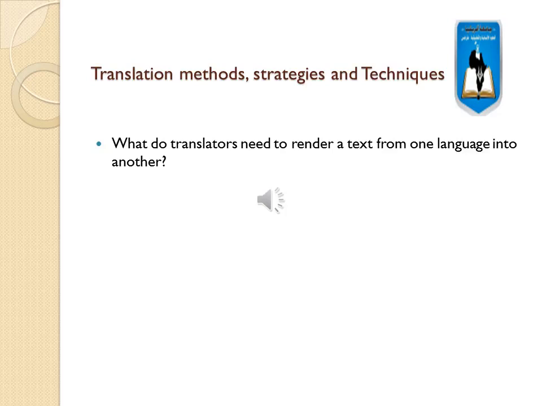So that's it. See, some scholars seem to use translation method, strategy, and techniques or procedures as if interchangeably. Each wants to use a term for a particular type of dealing with transferring a text from a source language into a target language and vice versa.